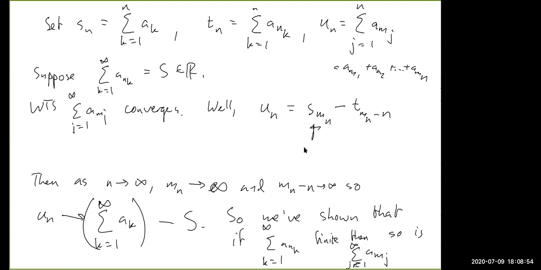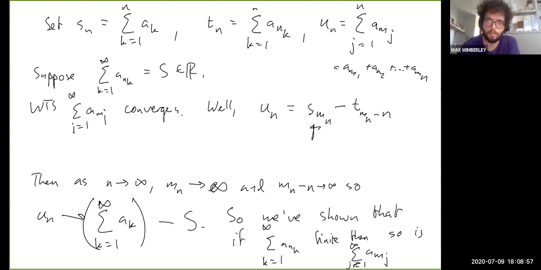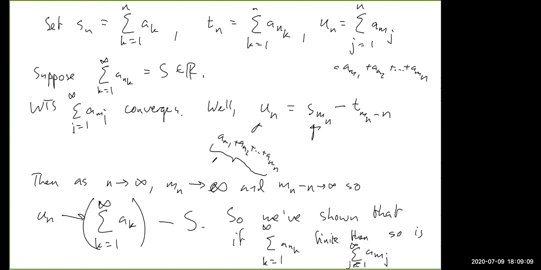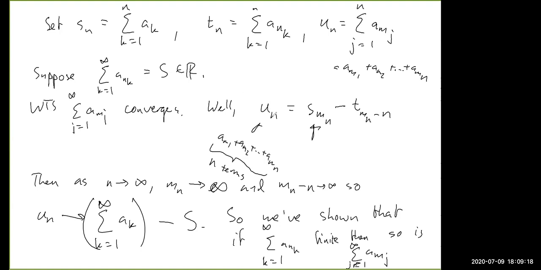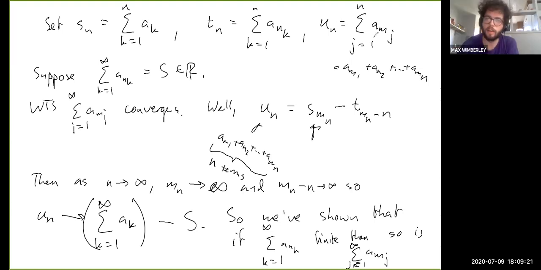So this is like a_{m1} plus a_{m2} plus ... a_{mn}. n is literally just a number here, and j is the index that goes from 1 to n. So there are n terms here, and then this is like a1 plus a2 plus a3 plus ... a_mn. So there are mn terms here.